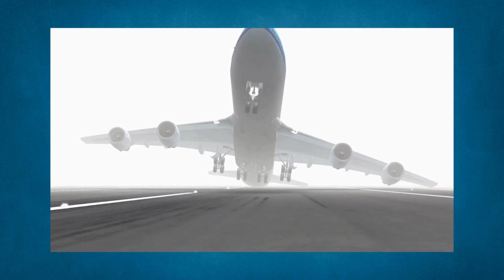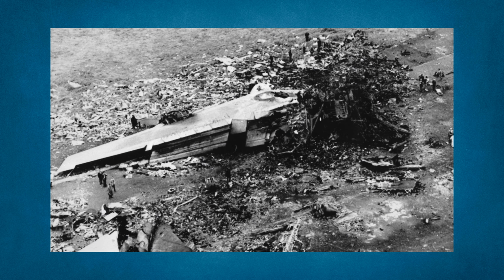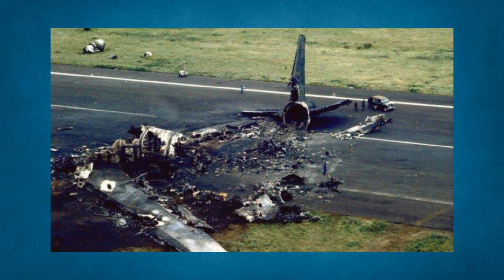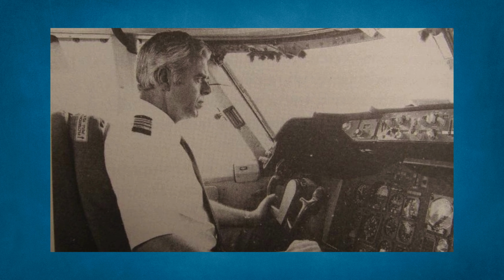All passengers on board the KLM flight and most Pan Am passengers died, with 583 fatalities and 61 survivors. The subsequent investigation cited the cause of the accident as the KLM captain's decision to take off under the mistaken belief that he had received takeoff clearance.